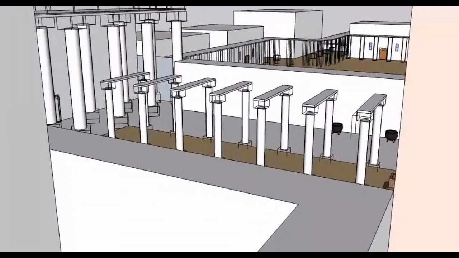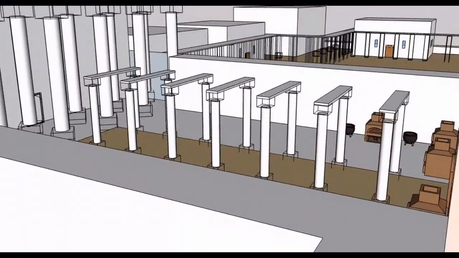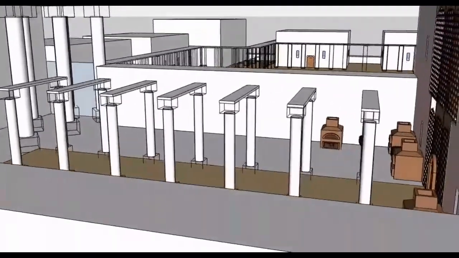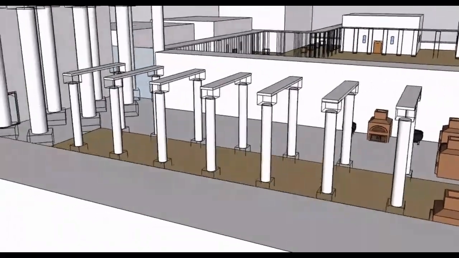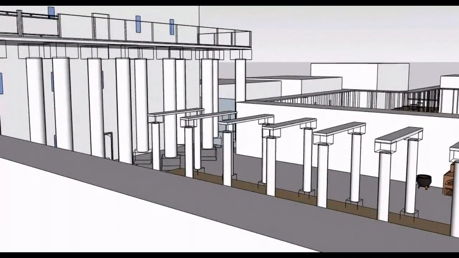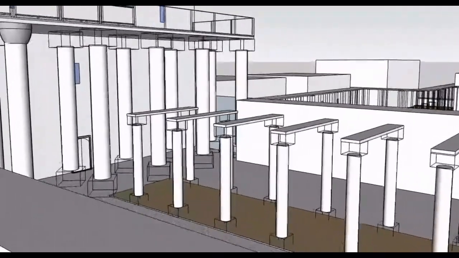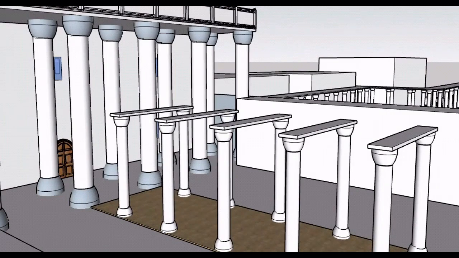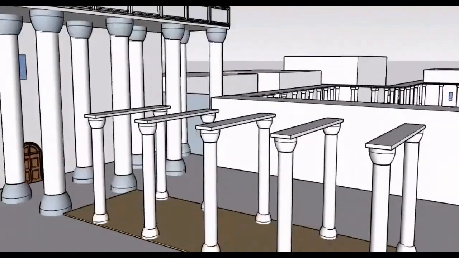So here we're looking at the inner court, and this is the inner courtyard next to the king's house. There's actually two of these, and you can see we're calling it a promenade. It's a walkway with covered pillars, and a covering, and it is connecting the two buildings.